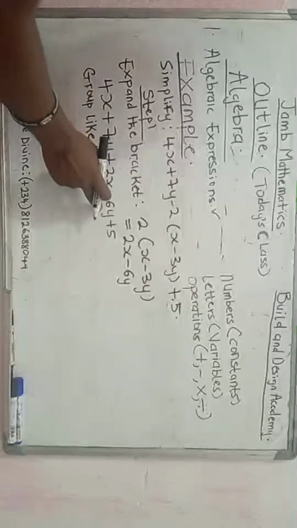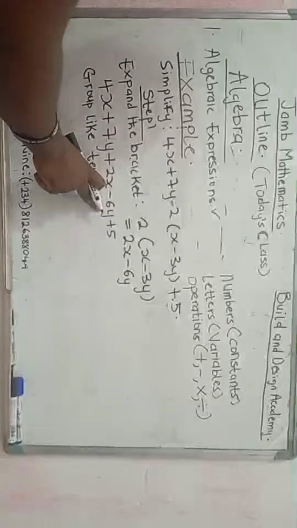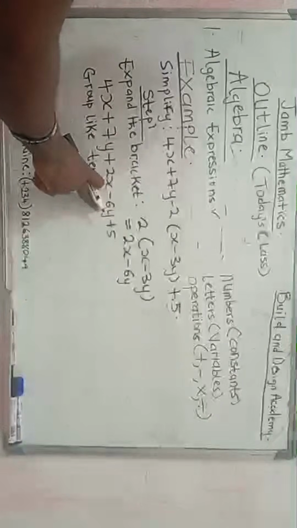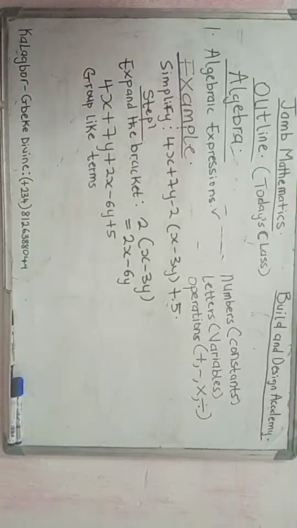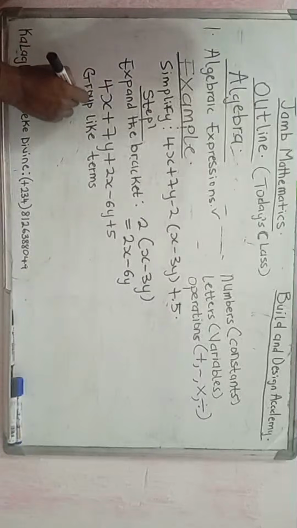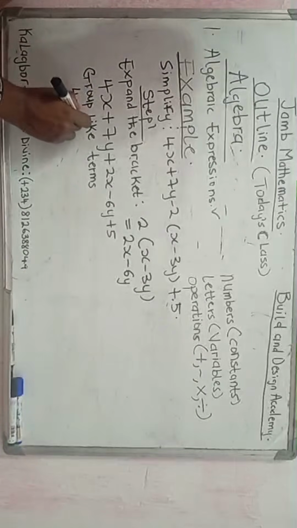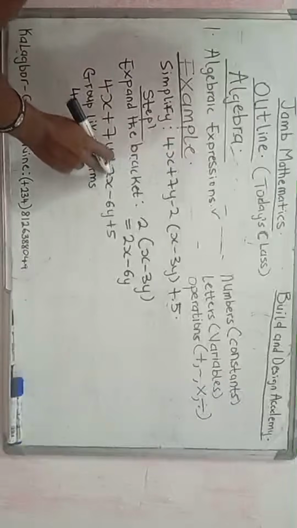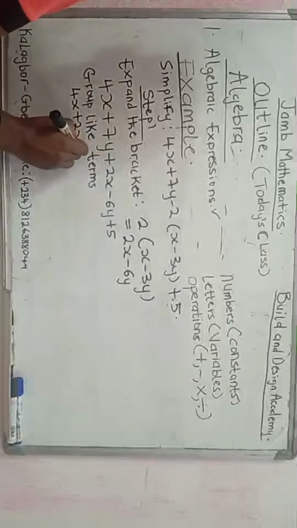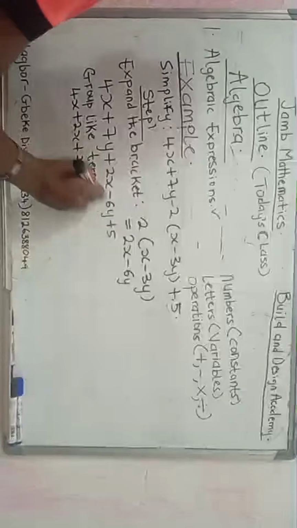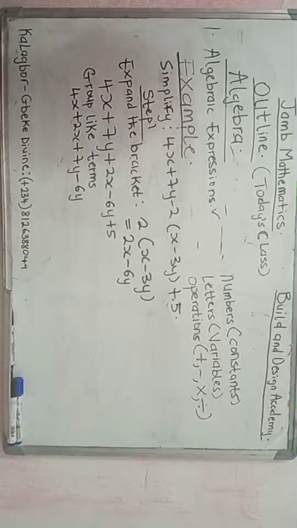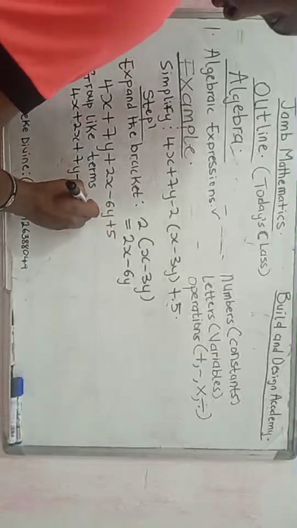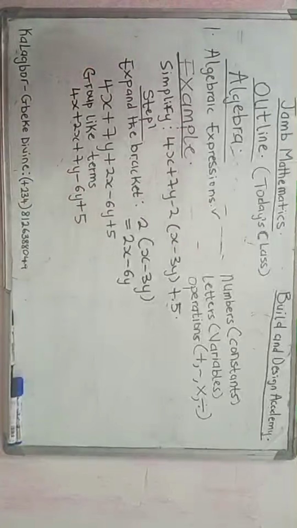Plus 7y and minus 6y are also like terms, so you can group them. So if we group them, we'll have 4x plus 2x, as we have collected the x variables. Now we take the y variables, plus 7y minus 6y. Then we bring back the constant plus 5. So this is now our new arrangement.